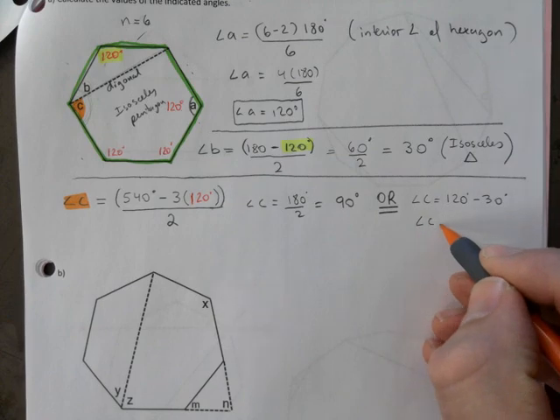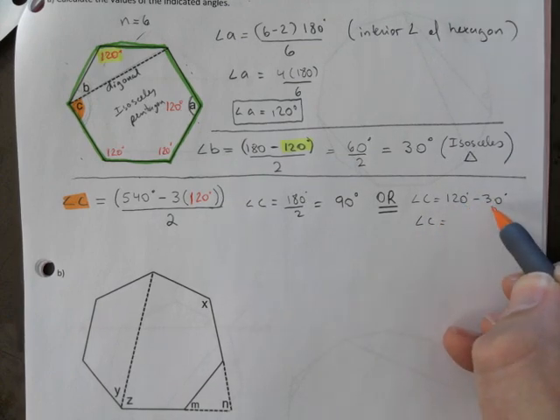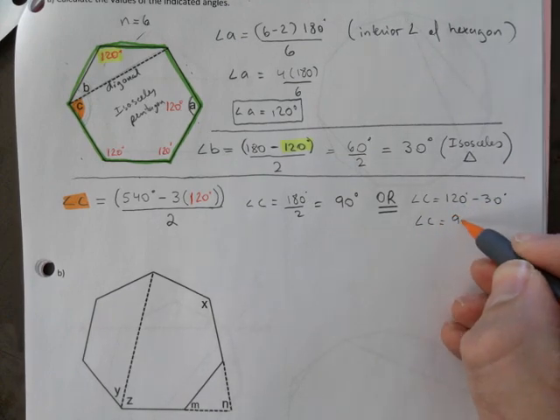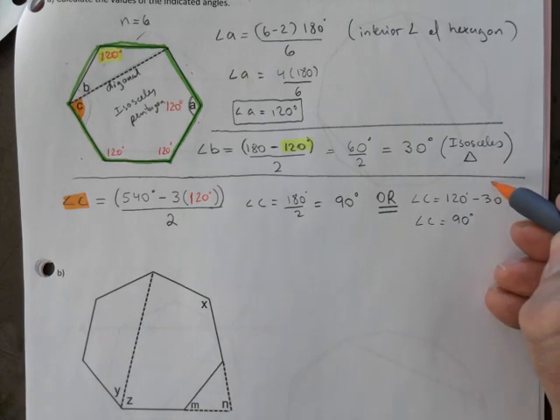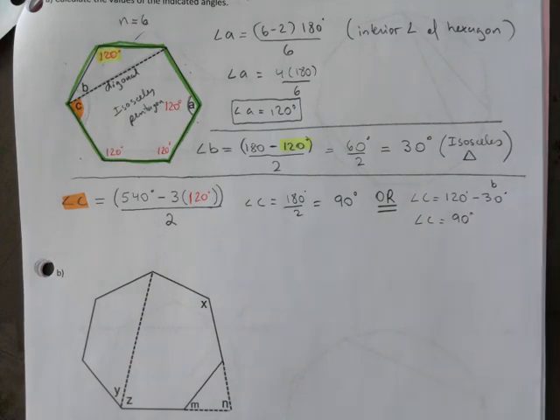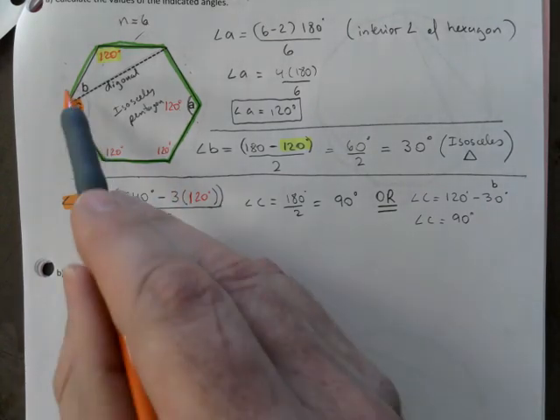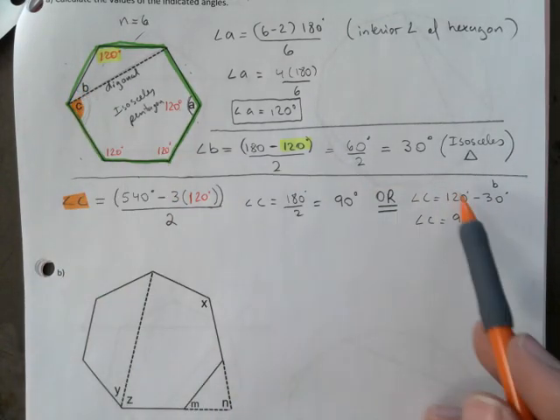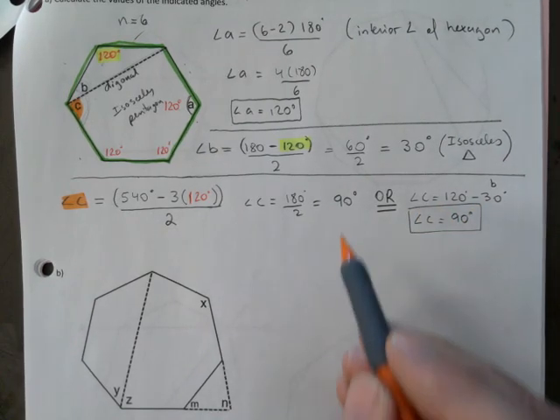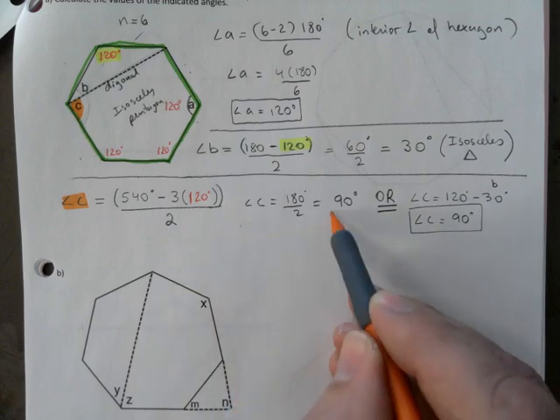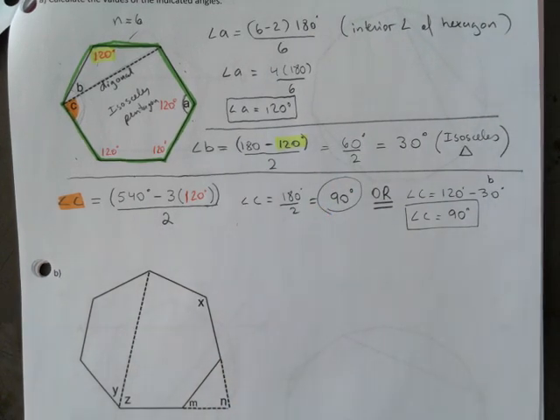Would have been a lot easier. 120 minus 30, 90, right? This is angle b. So I know the fact that it's 120, I subtract b from it. So there's many ways of getting there if you just look carefully and apply your knowledge, right?